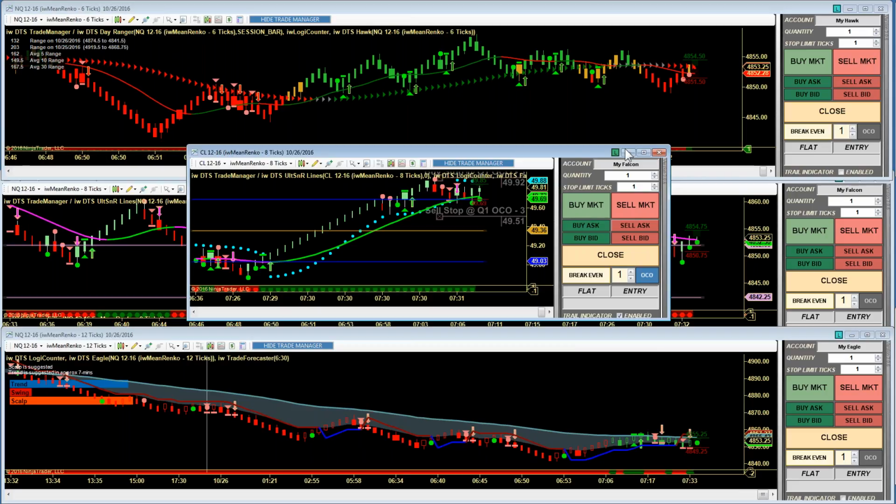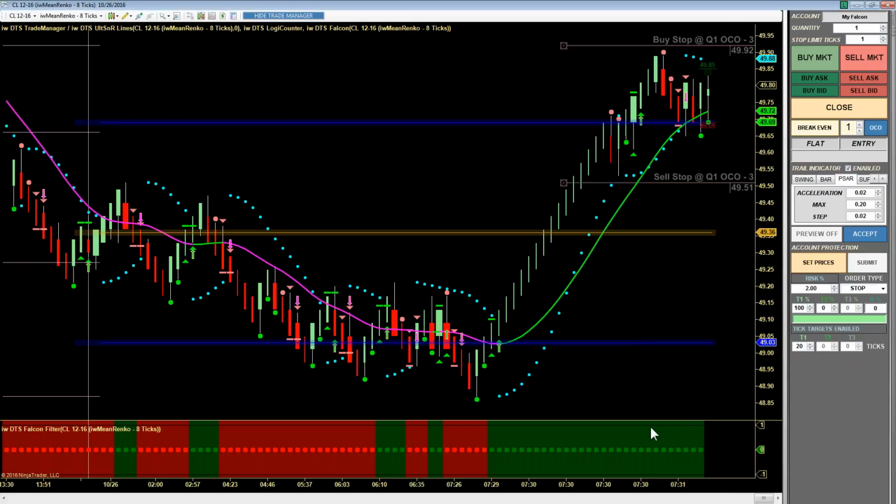And for the Eagle trend trader, a high probability target is $200 per contract. So if you're trading the NASDAQ at $5 a tick, you would need 40 ticks on the Eagle to make your $200 target, 20 ticks on the Falcon and 10 ticks on the Hawk.